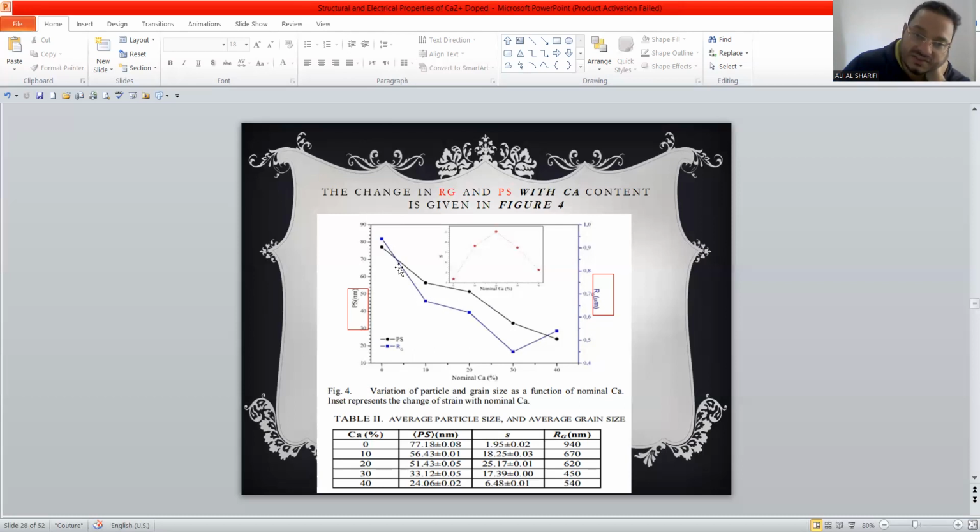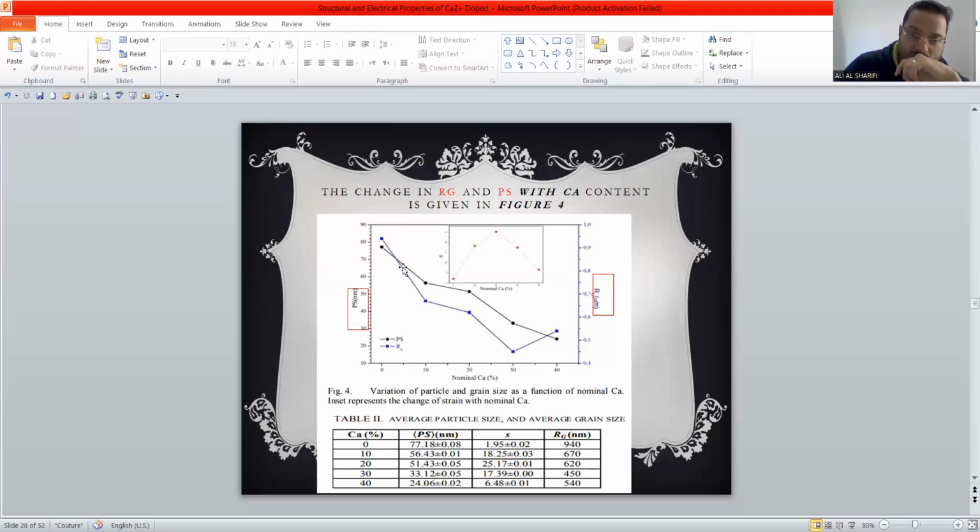But at blue, at grain size, we will note some hysteresis phenomenon at 30, because after that, at 40, we will note some jump, some increase, a little bit different in the results from less than 20 to approximately 30 nanometer, specifically for the grain size.